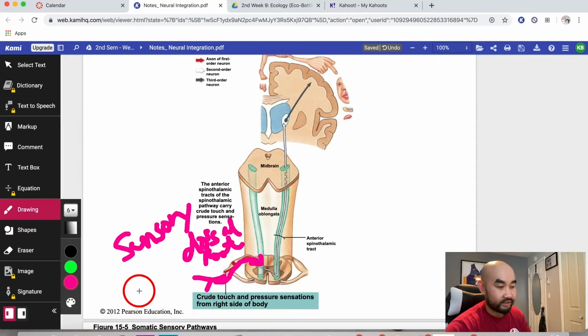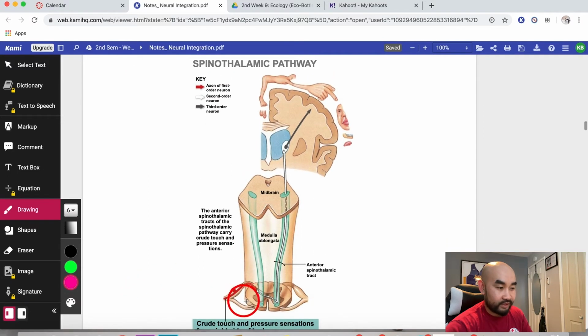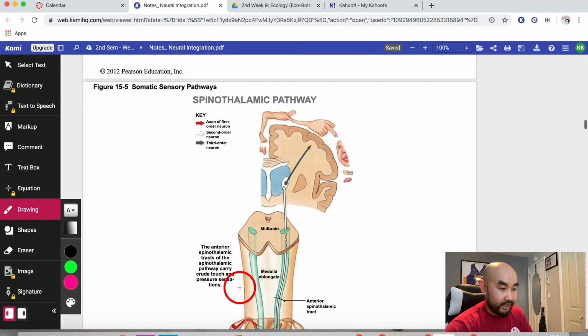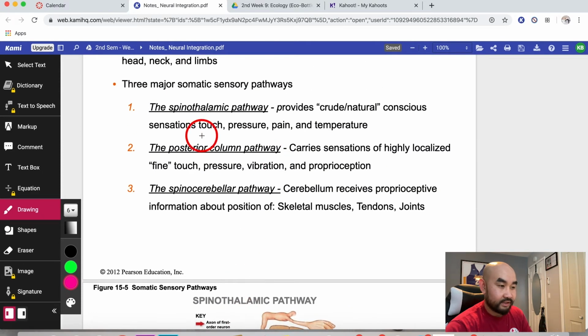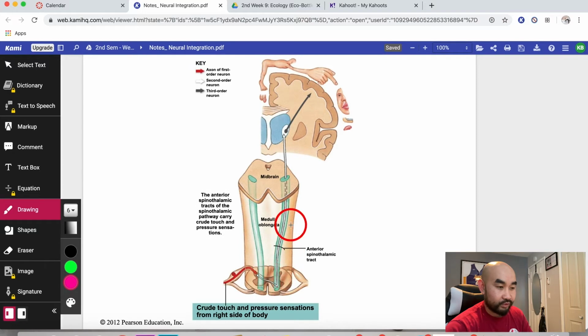So make sure you know that, okay? Dorsal, ventral. So you sense, this is your spinothalamic pathway. It has to do with touch, pressure, pain, temperature. It will send the signal through your spine, and from your spine, it will send it to your thalamus.